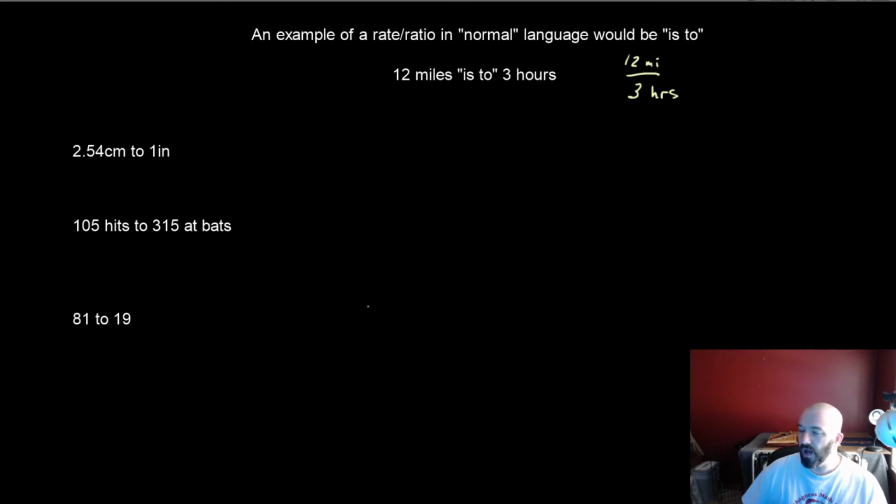We were tasked with some of the later ones to put them into simplified fractional format. The first one is kind of already there in a sense. This is called a unit fraction, where one of the numbers is the number 1. So this would be a unit conversion from centimeters to inches. We'll study this in Chapter 9, when we talk about geometry and then conversions of U.S. measurements and metric measurements.